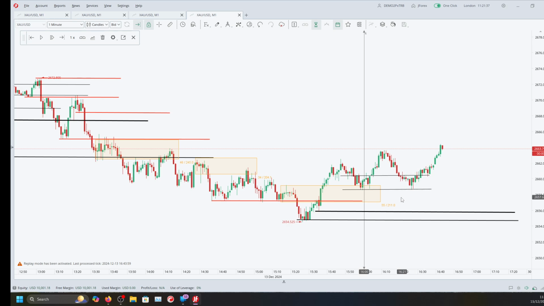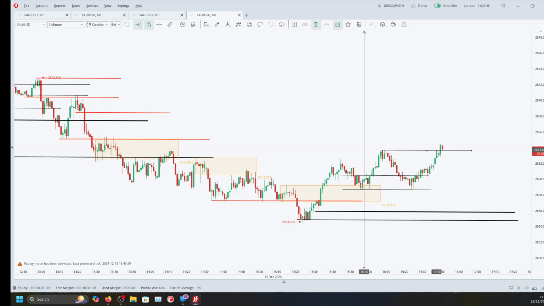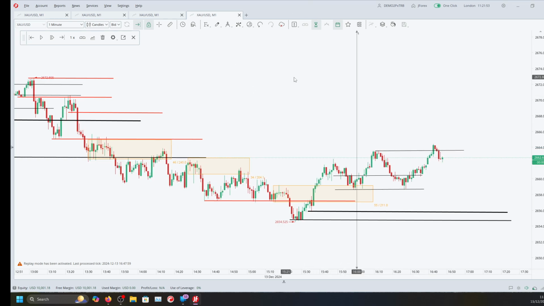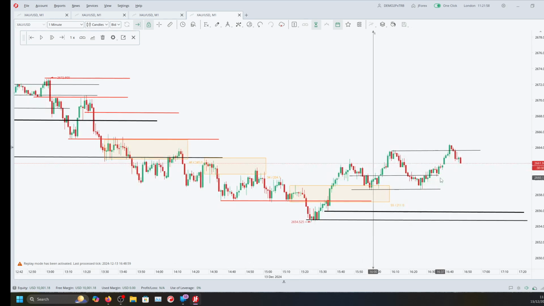See, price has come back in and gone again, and now gone through this point. So now you'd be anticipating price holding within this zone.